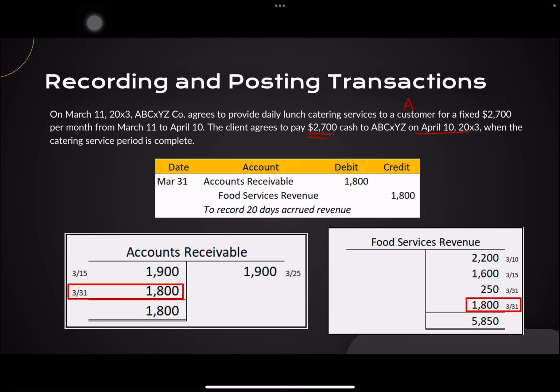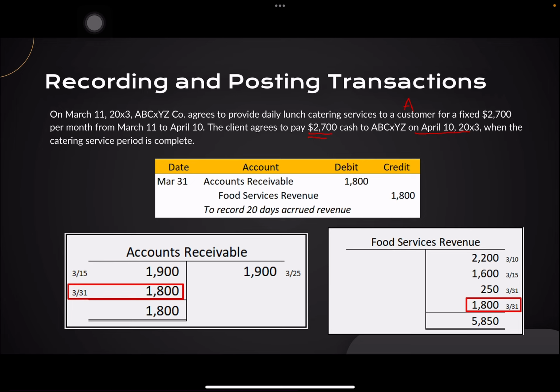So from March 11 to March 31, we've already provided food services in the amount of $1,800. You might be wondering how we were able to get that $1,800.